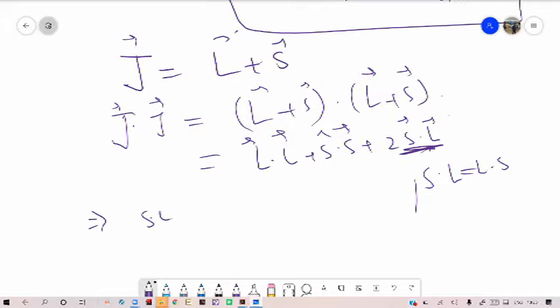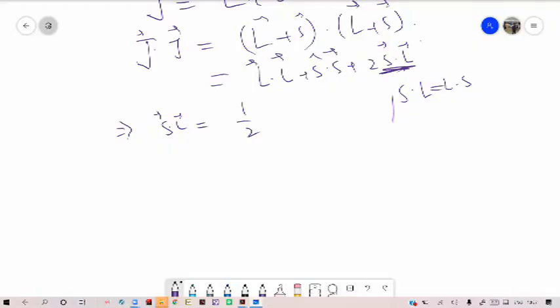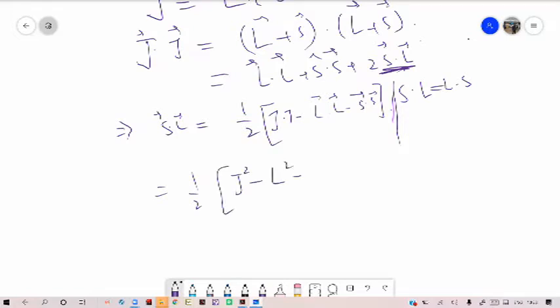S dot L is equal to 1 by 2 J dot J minus L dot L minus S dot S. This is the simplest equation, and since it's a dot product, it is only J square minus L square minus S square.